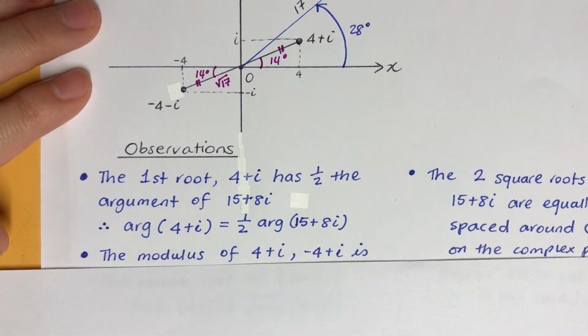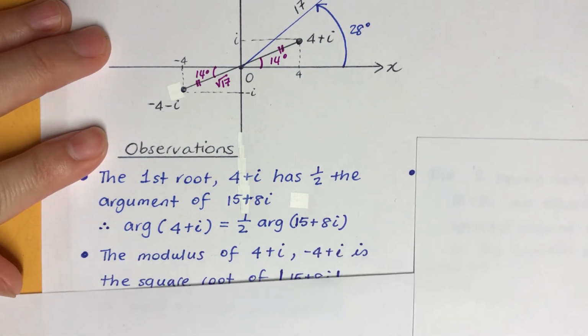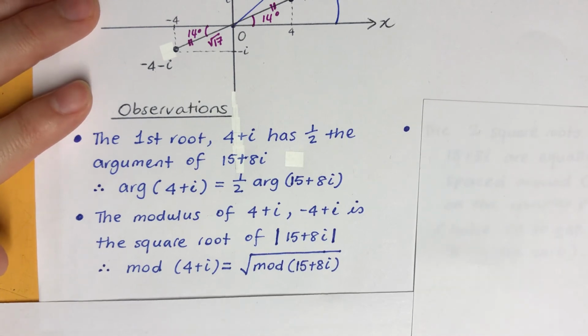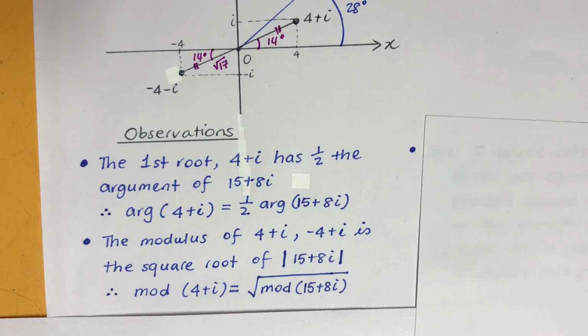Maybe cover this one. Okay, let's think about the two of them first, okay? So the first root, 4 plus i, has half the argument of 15 plus 8i, just like I told you about. So the first one was 14 degrees, but the other one was 28, so it's a half.